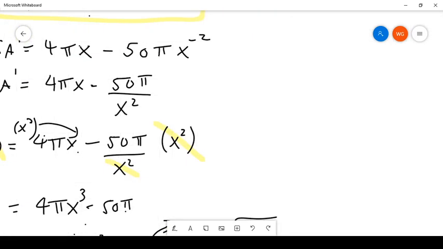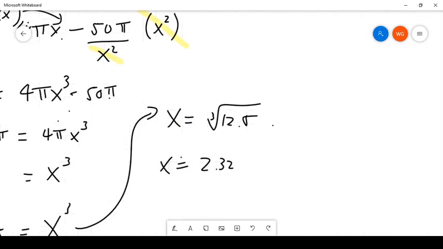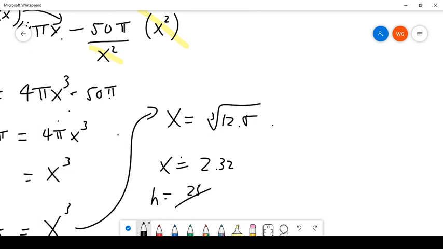So height equals 25 over, approximately, 2.32 squared. 2.32 squared is approximately 5.38, and 25 divided by that is equal to 4.64.